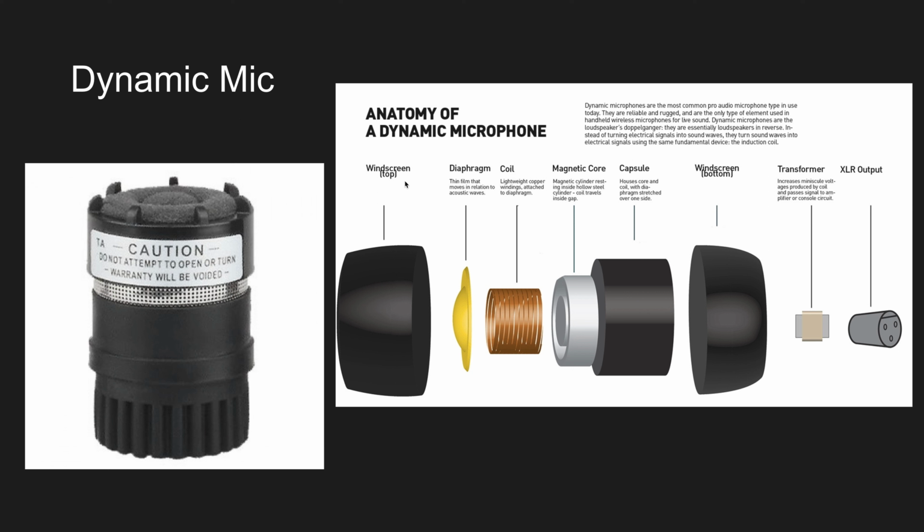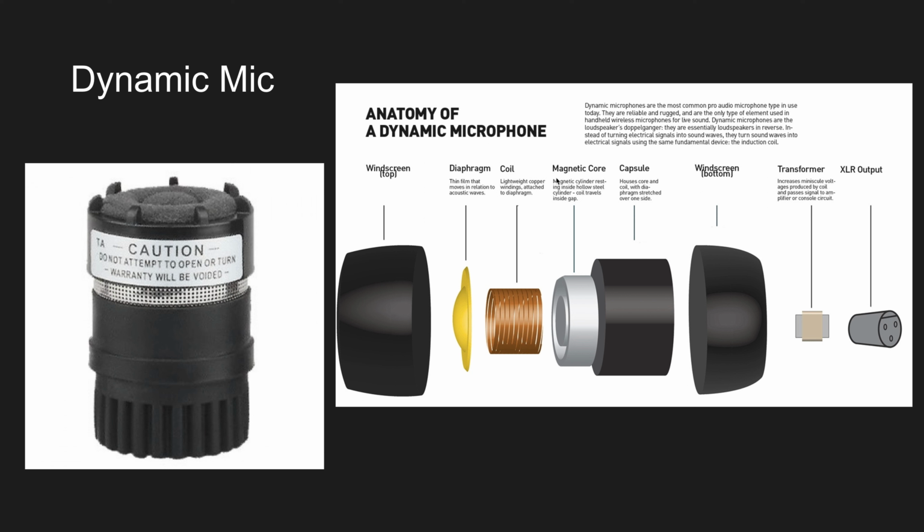So here's how a dynamic mic works, or at least the parts of it. If you're working from the top up here, you have your windscreen, you have a diaphragm, so that's just a film that moves in relation with acoustic waves. Then you have your coil. This is what actually will vibrate and create the electromagnetic current.